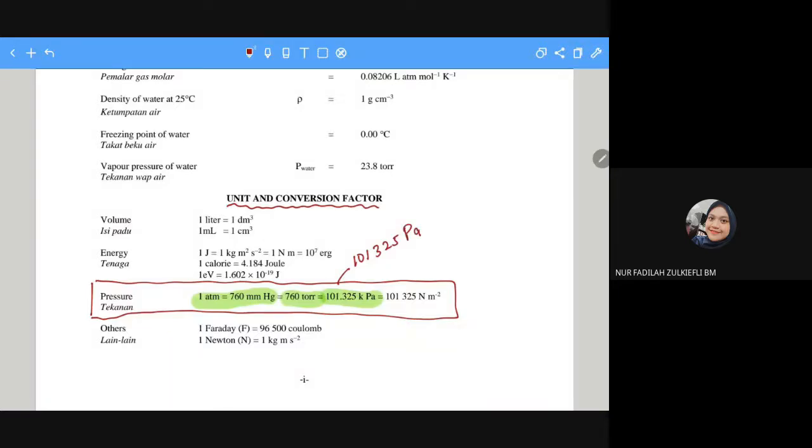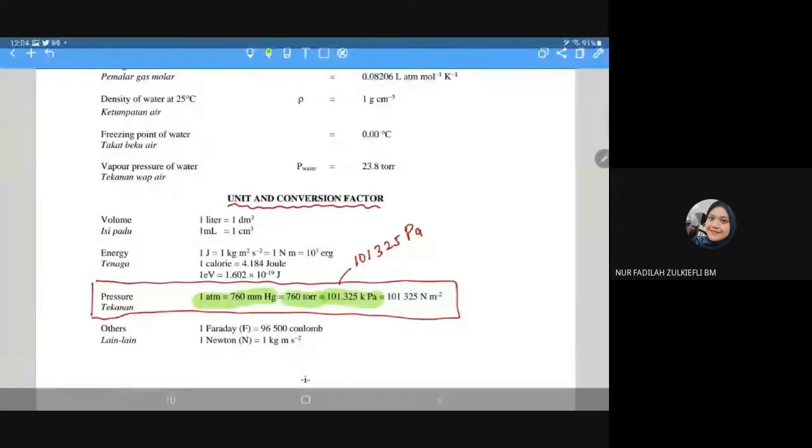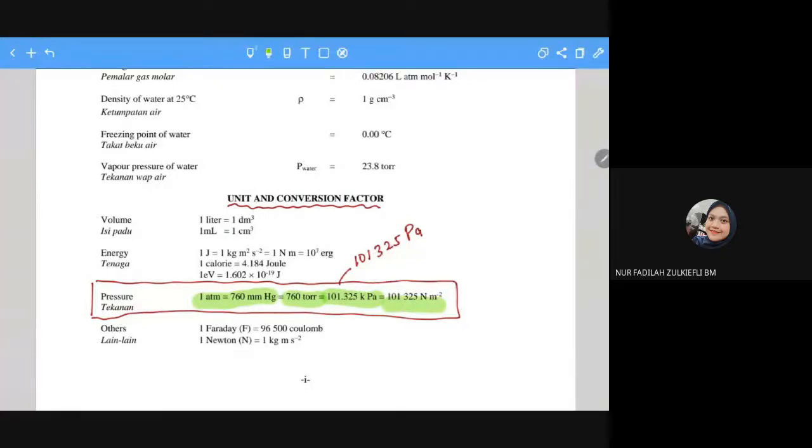Okay, sebab kilo is 10 to the power of 3. Am I right? Betul ke? Okay, kena alert. And 1 ATM also equivalent to 101.325 Newton meter square. Okay, ini unit conversion.